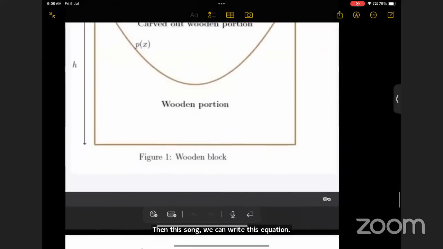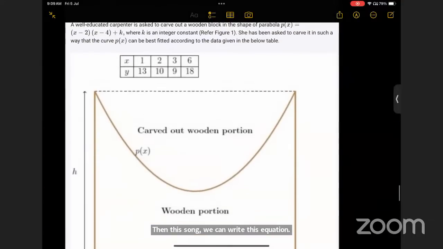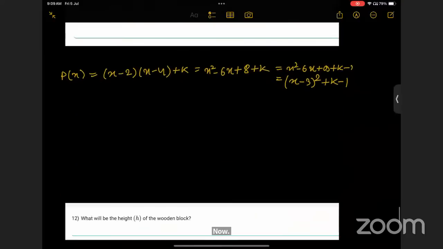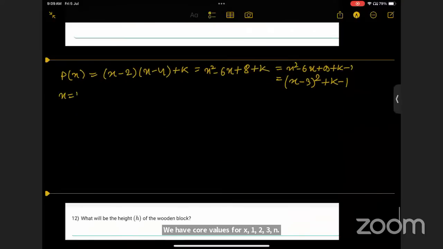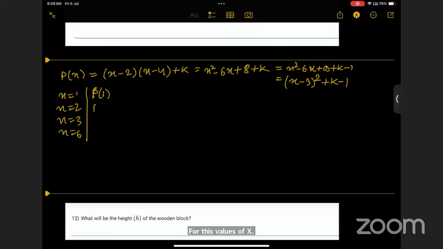Now we have 4 values for x: 1, 2, 3, and 6. For these values of x, what will be P(1), P(2), P(3), and P(6)? You can calculate this. Just put x equals 1.